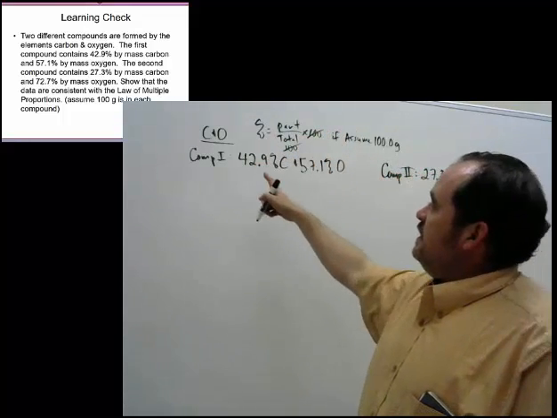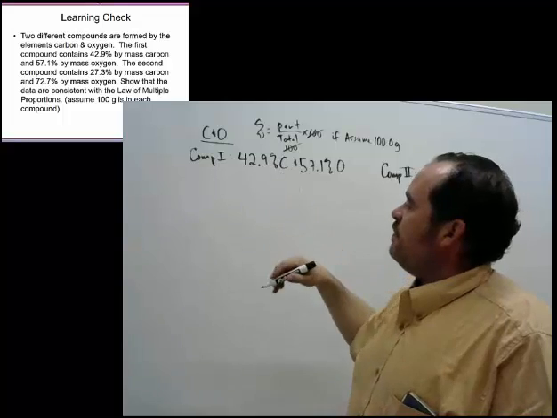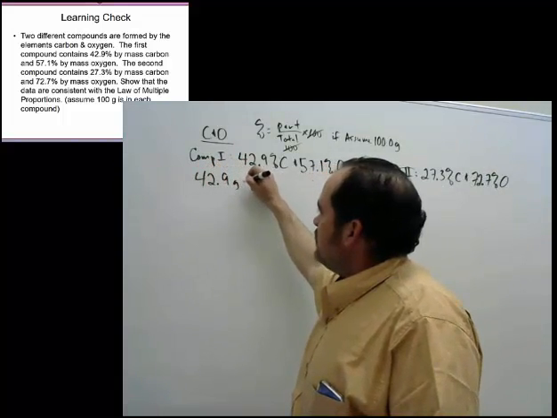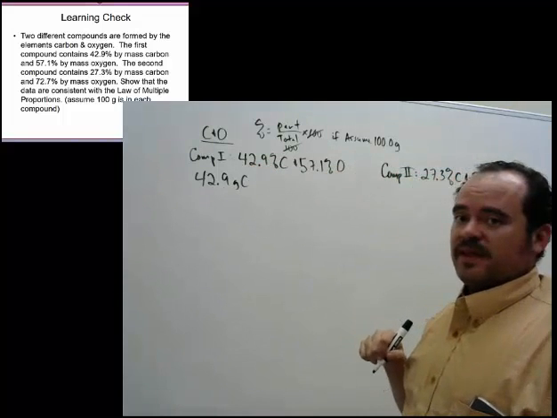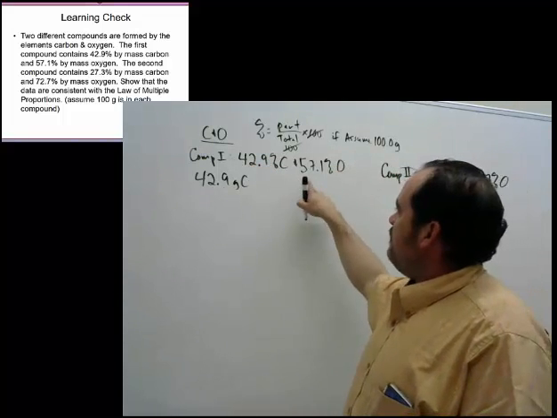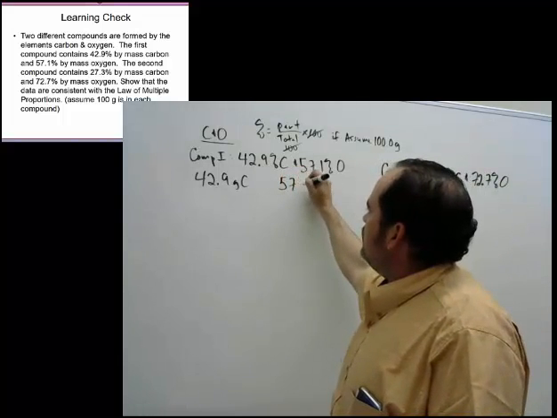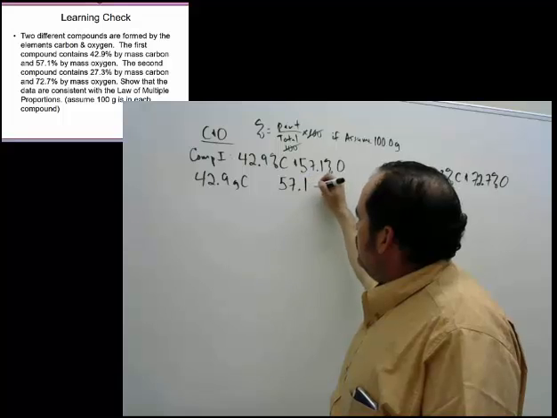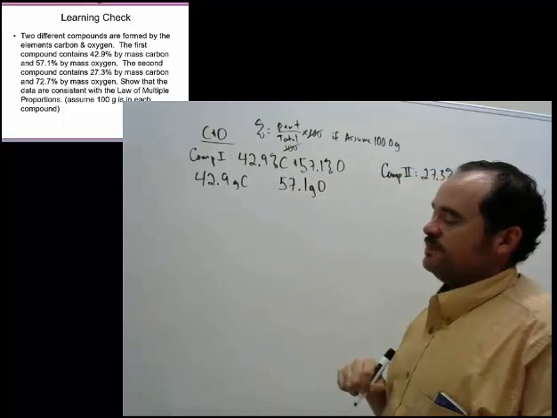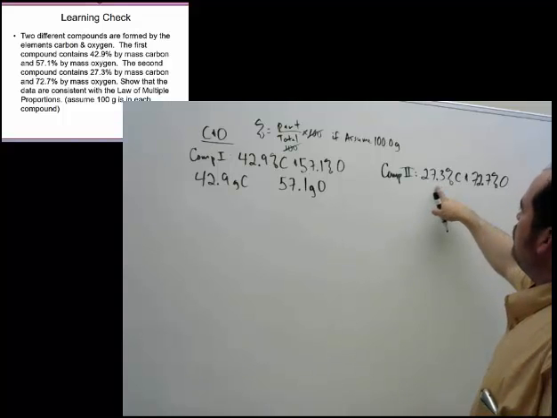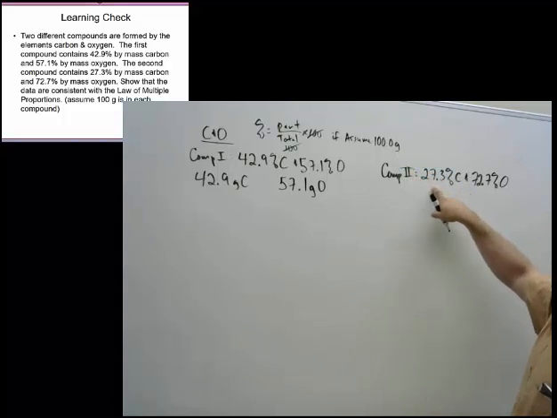So therefore I say the following. If I have 42.9% of carbon, I must have 42.9 grams of carbon. Same over here. If I have 57.1% of oxygen, therefore I must have 57.1 grams of oxygen. So that's compound 1. Let's do the same thing in compound 2. Again, we assume that we have 100 grams of whatever this compound is.